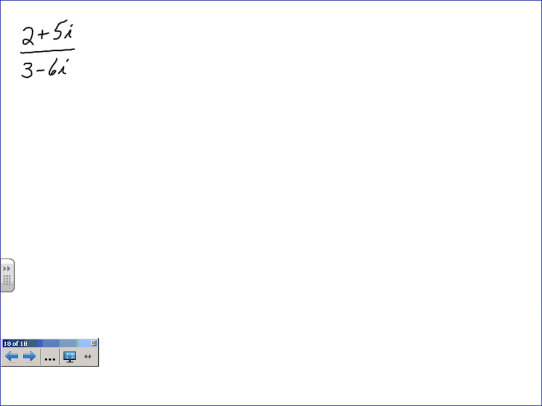And I know that if I multiply 3 minus 6i by its conjugate, I'll get a real number. Let's put parentheses around the numerator and denominator. And I'm going to multiply top and bottom by the same thing. And I'm going to multiply by the conjugate of 3 minus 6i, which is 3 plus 6i. 3 plus 6i over 3 plus 6i is 1. So if you take any number and multiply it by 1, you get the same number.